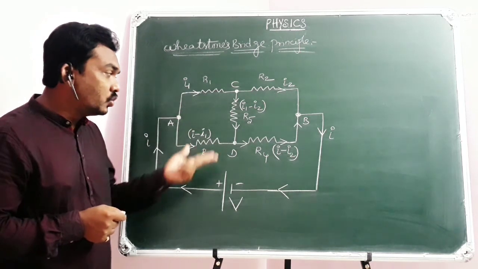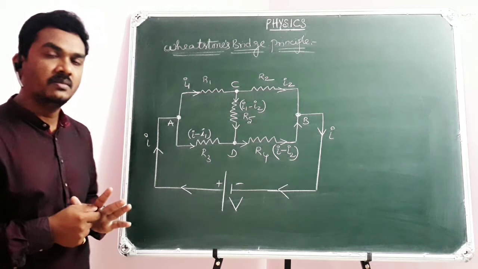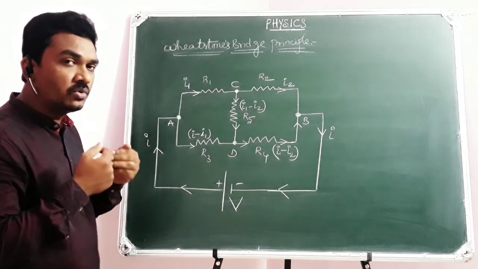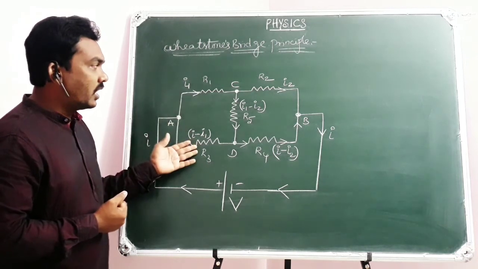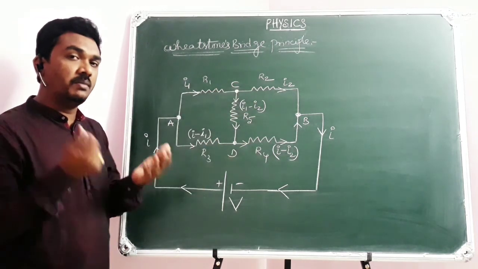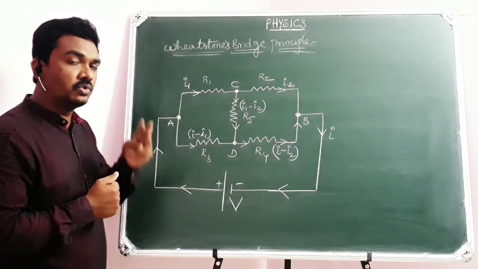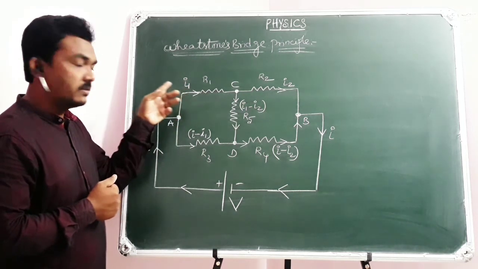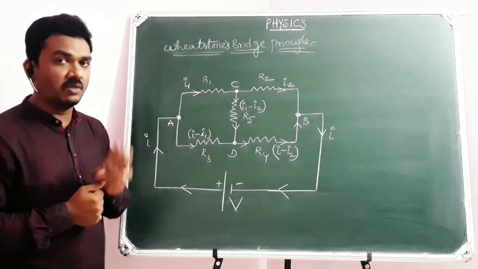I, I1, I2. Only 3 variables. I have restricted myself to 3 variables. Here if I take I1, I2 and then I3, I4, the number of variables will be more. So I have confined myself to 3 variables, I, I1 and I2. So how many equations do I need? 3 equations.